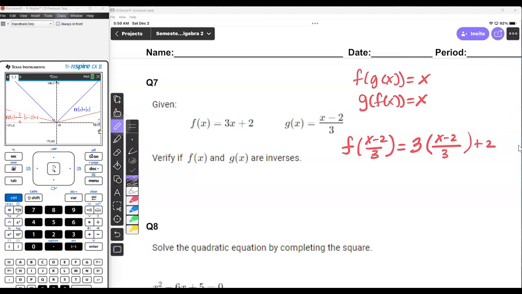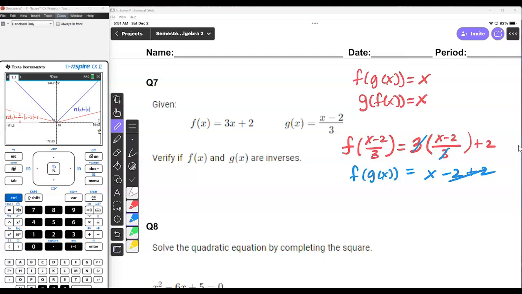Now you notice that when I do this, 3 divided by 3 is going to cancel. That's going to be 1. So you have x minus 2 plus 2. So what happens when you have negative 2 plus 2? That's going to be 0. So f of g of x, that works. It's going to be x.